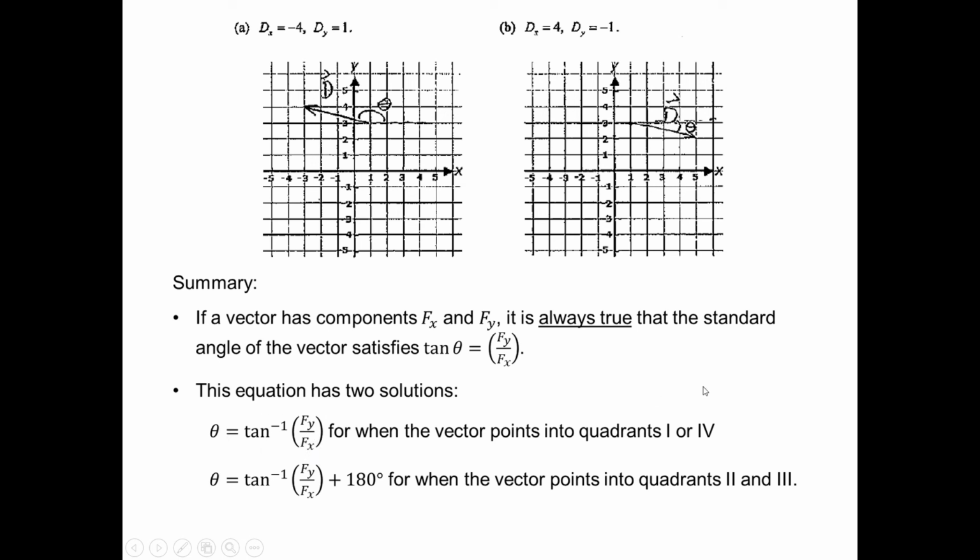It is true as long as the vector points either up into the quadrant 1 direction or down into the quadrant 4 direction, because then I'd be expecting an angle between -90 and 90 degrees. But if it points up into quadrant 2 or down into quadrant 3, I have to add 180 degrees onto what comes out of my calculator in order to get the solution I'm looking for.